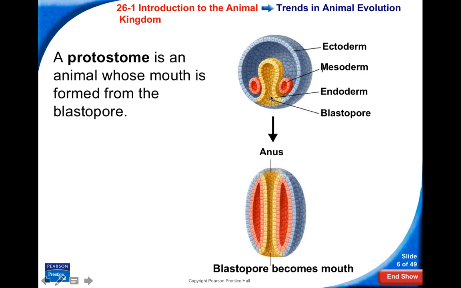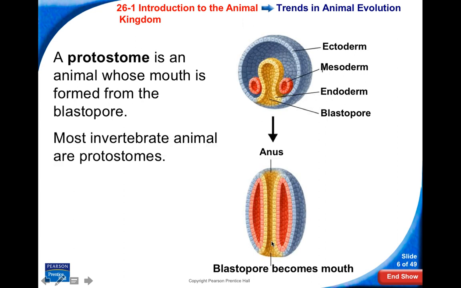And all that just means is that the blastopore becomes the mouth of that organism eventually, once it's fully developed. Okay, now these other terms, ectoderm, mesoderm, endoderm, we're going to talk about those in just a second. So you can label them on your diagram, but you'll have more clarification on what they mean and what they turn into later. Okay, for now, protostomes are the ones whose blastopore becomes a mouth.